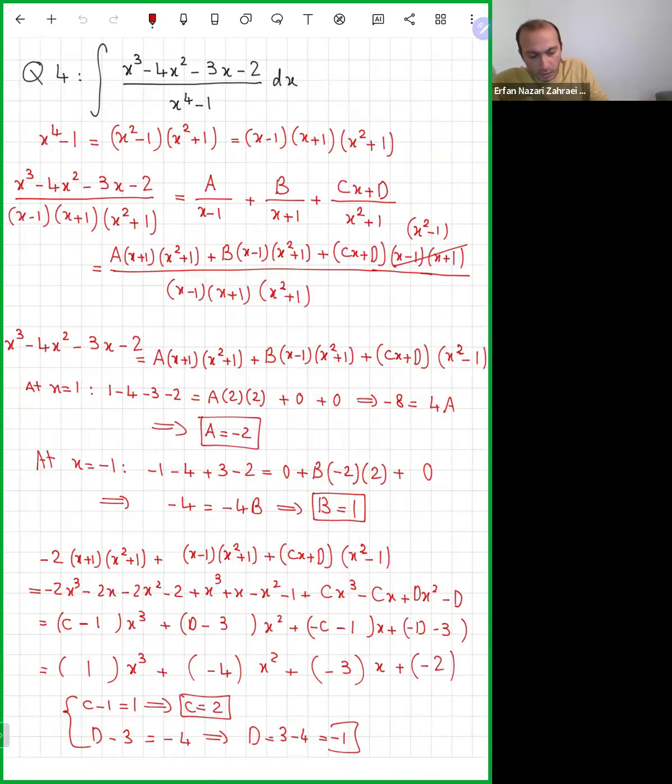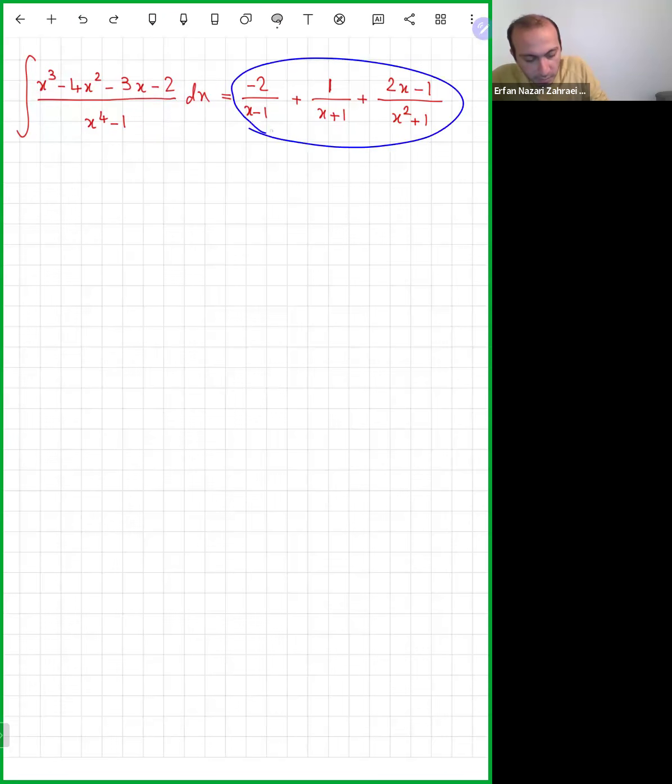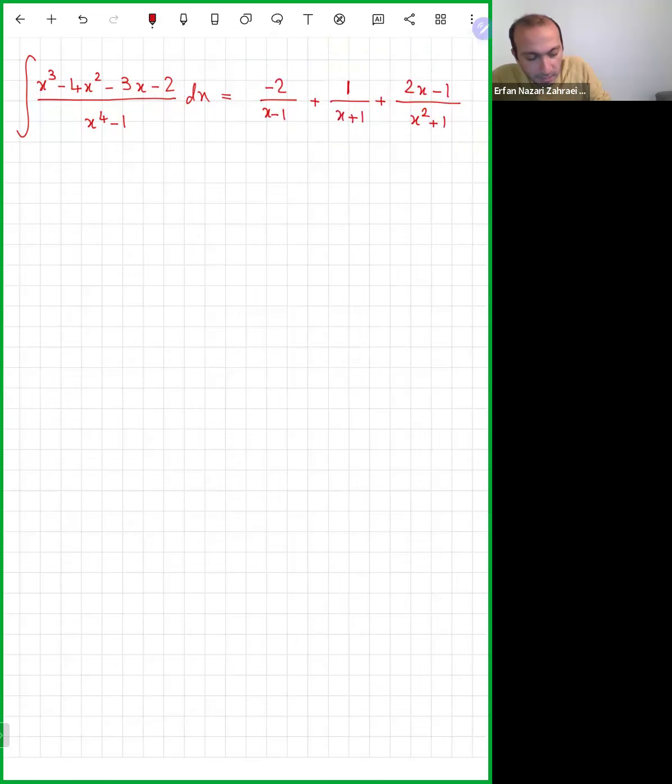What was my goal? To compute the antiderivative of this. The whole point of this partial fraction decomposition is that instead of computing this more complicated antiderivative of a rational function, I can break it into simpler and easier integrals like this.